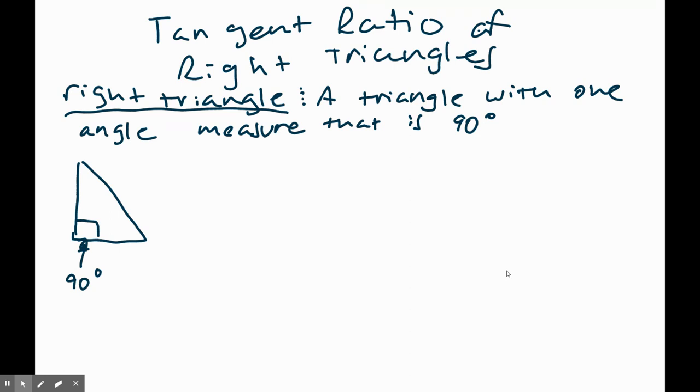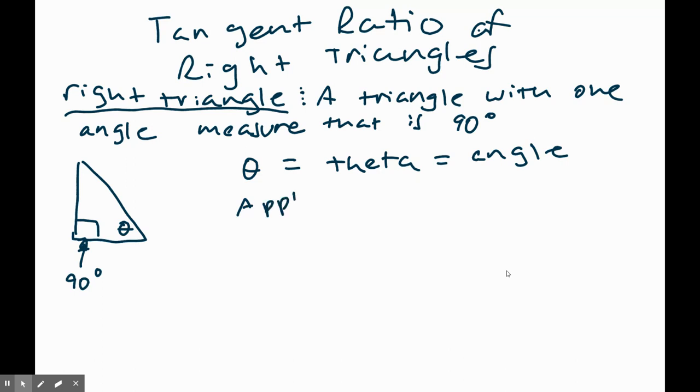Now the next thing we want to look at is a new symbol here. It's a circle with a line through it, and it's called theta. And theta is just an angle that we're trying to find there. And what we're going to be talking about is applying tangent to the angle theta.